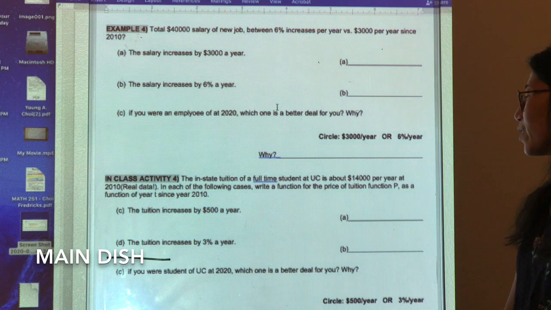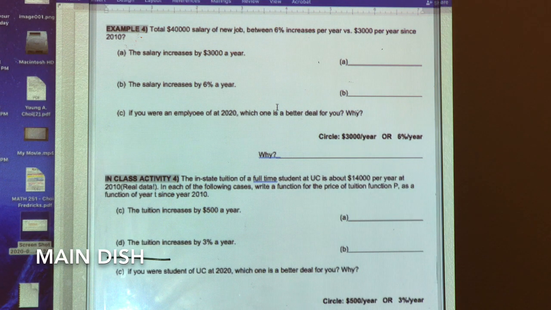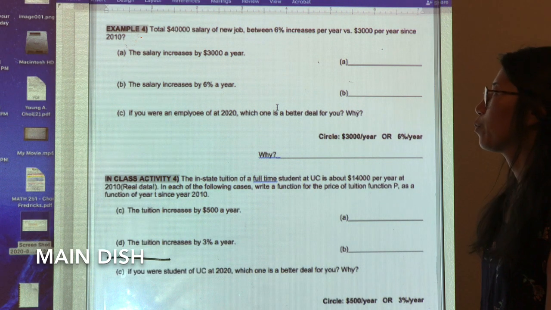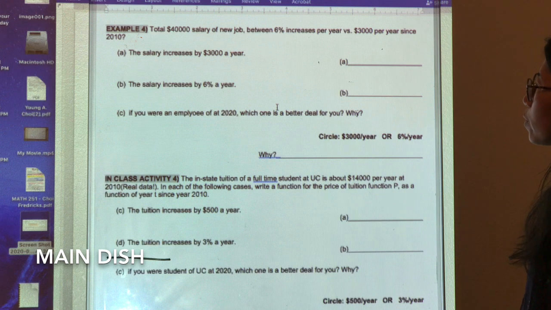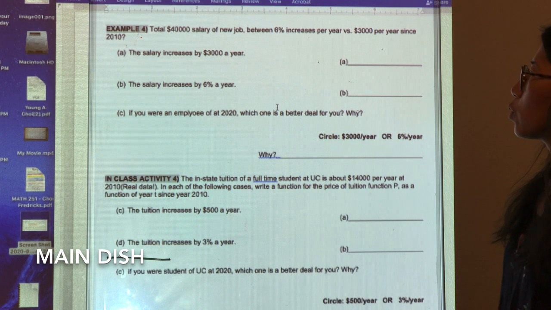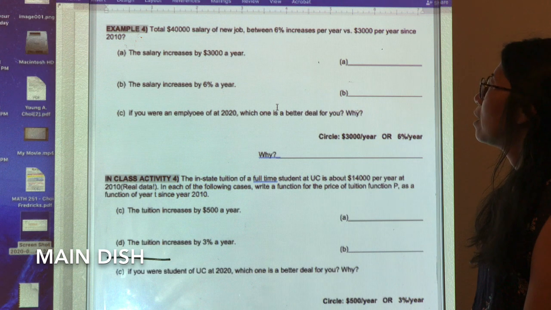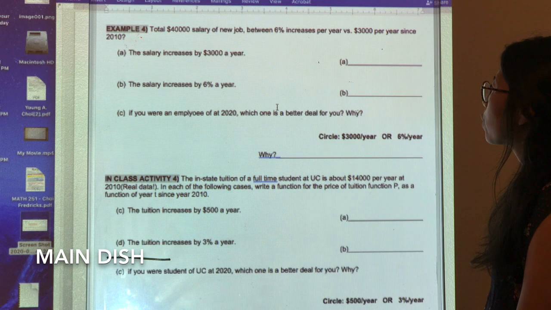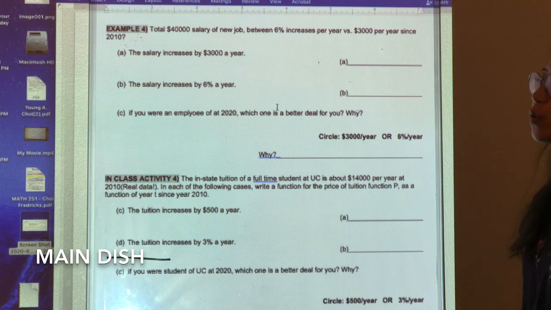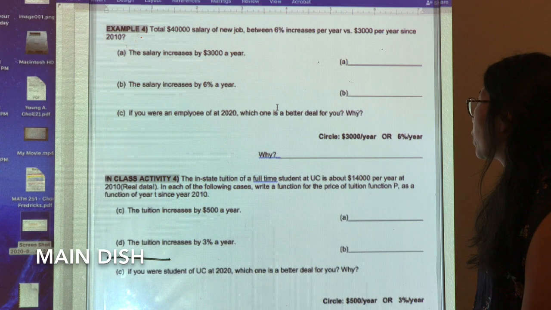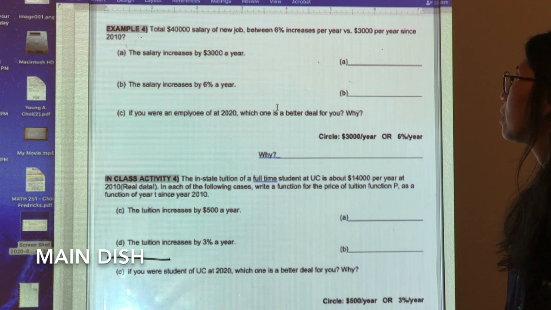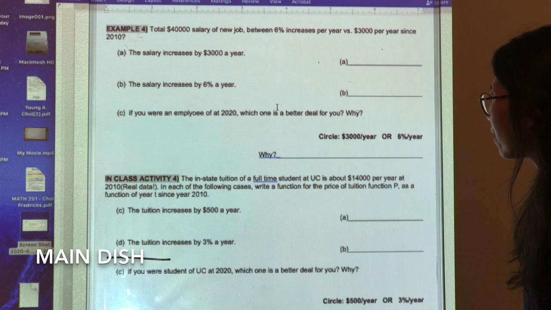Now everybody, let's look at the main dish of page number 3 of 1.2. I'm going to explain example number 4. So let's look at the question. It says a total of $40,000 salary at a new job, and a choice between a 6% increase per year versus a $3,000 per year increase, since year 2010.